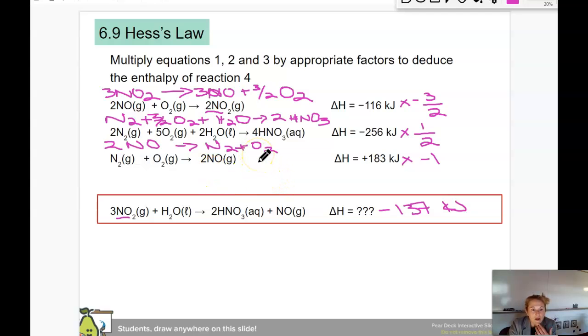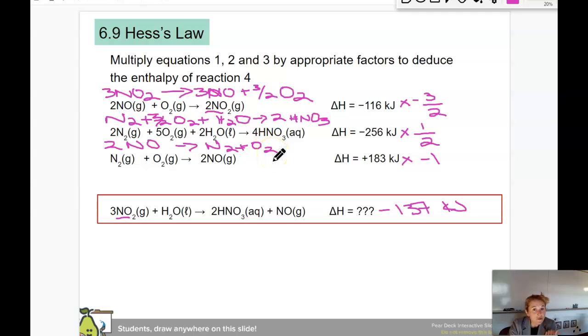Yes, we end up with, let's see, so we have 3/2 here and 5/2. So we end up with 1 oxygen in our reactant, and then we can cancel it out because we have 1 in our product.